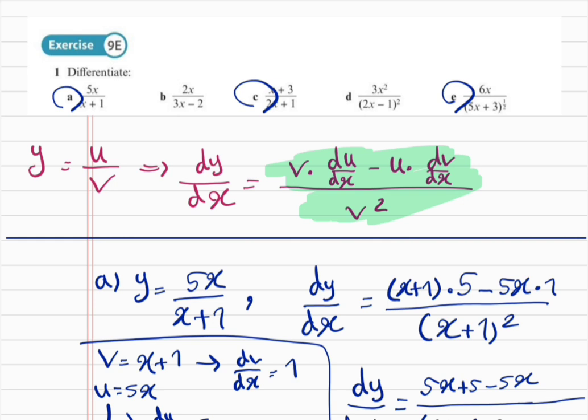That's the easy part. Then for the numerator, always start with the denominator function times the derivative of the numerator function, then minus, this time it's the opposite, the numerator function times the derivative of the denominator function. Okay, that's it for this video.